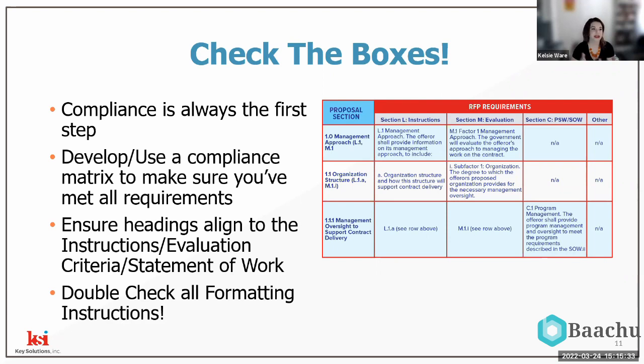So always make sure at the beginning of every review cycle that you go back and double-check those formatting instructions, making sure your graphics and tables are the right size, your fonts are all still according to the requirements, and your page sizes. It can be easy to not think about because it's not what the customer is really asking you to talk about, but it is still important to the compliance of the proposal.